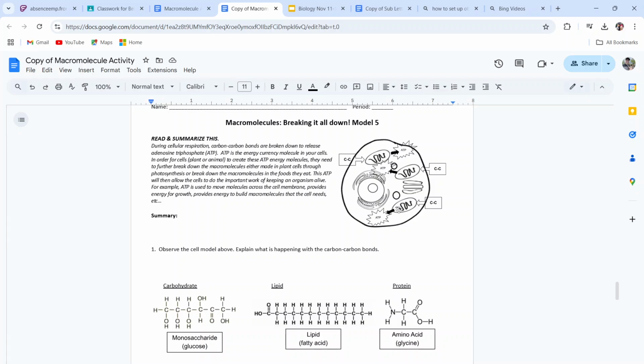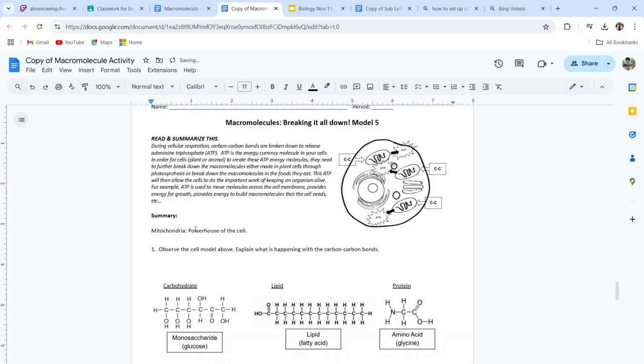Now in our last case scenario, we are taking a look at what happens when those carbons are going into your cells. In this case, this organelle right here, a mini organ-like structure in your cells, is what we refer to as mitochondria. I want you to make note, I'm going to let you guys do the summary, but mitochondria is the powerhouse of the cell.